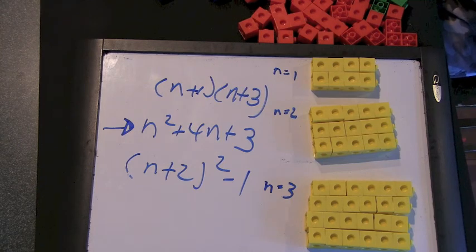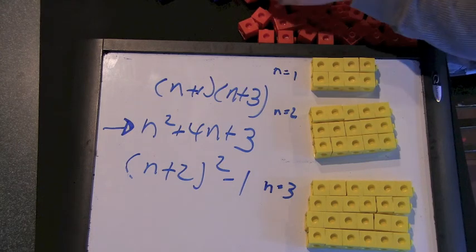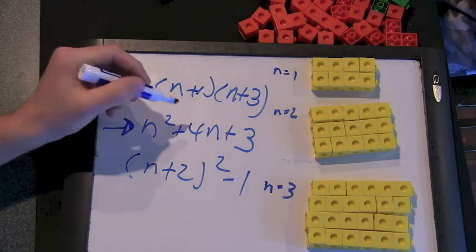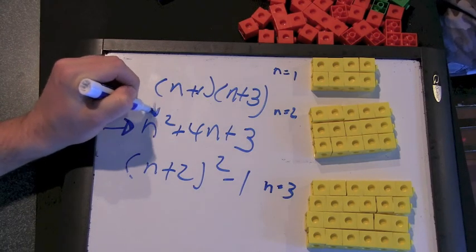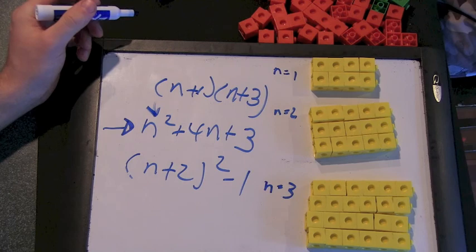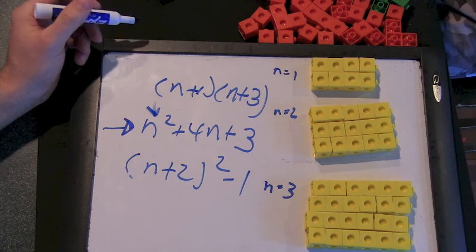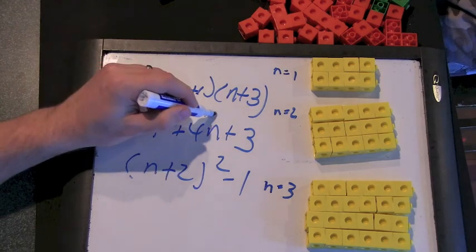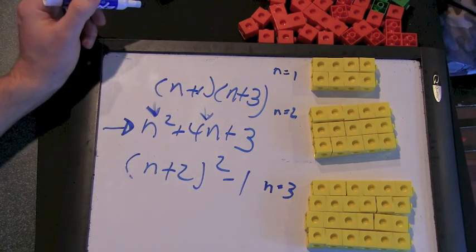Ooh, that's an interesting idea. I didn't think about that. What are the 3 things we're adding? Well, we have the n squared. Okay, what's that? N squared is 1 squared, which is 1. Plus 4n is 5. And plus 3 is 8.